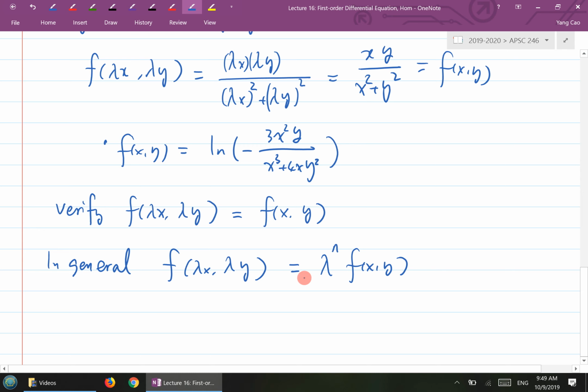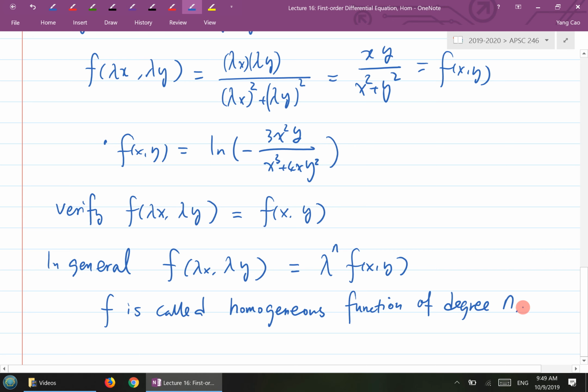So in general, you could have a result like this. So then f is called a homogeneous function of degree n. Okay.